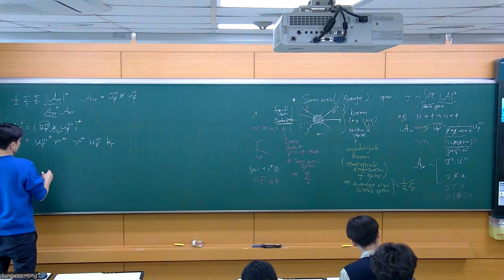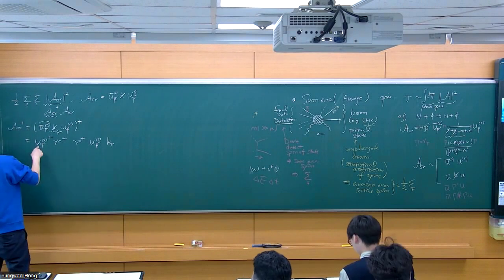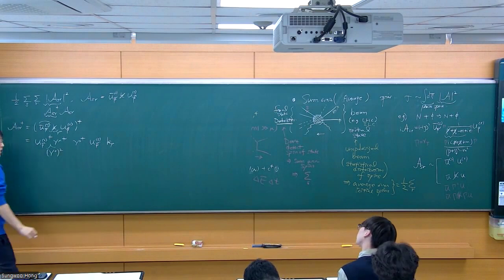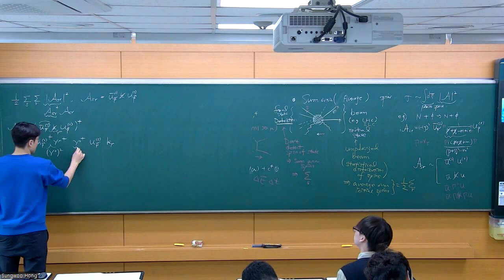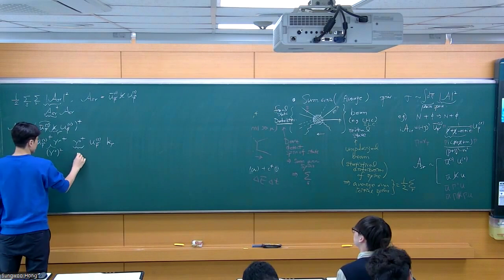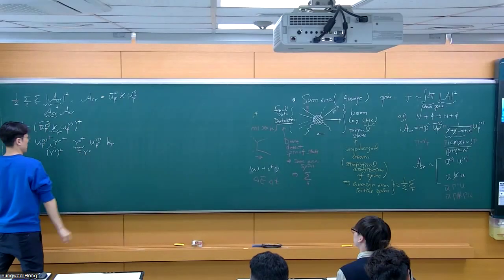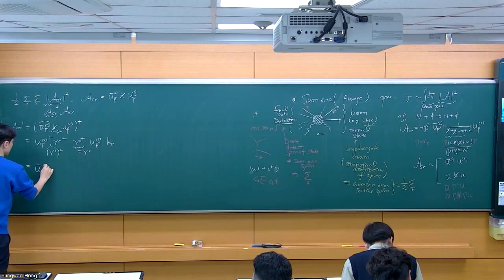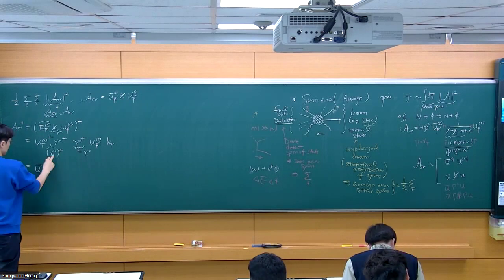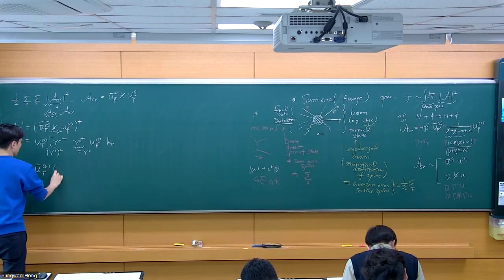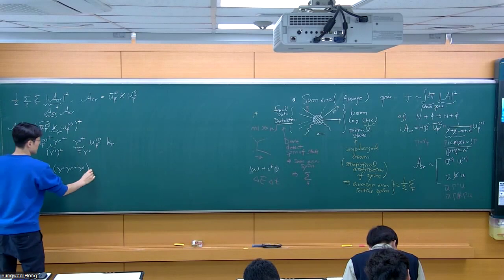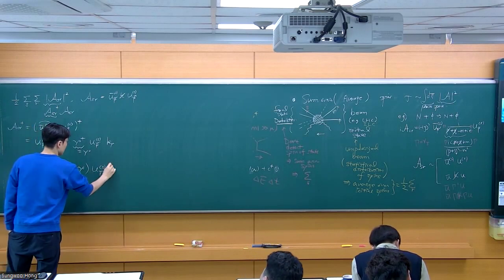Because I want to write everything in terms of not U dagger but U bar, I'm just going to insert gamma 0 squared, which is 1, according to the Clifford algebra. And I know that I've been using the representation where this is Hermitian. So this gives me U bar R P, and then I have gamma 0, gamma mu dagger, gamma 0, so that's the rest of it. That's P and mu.